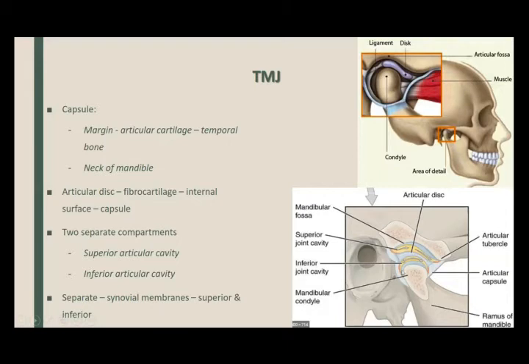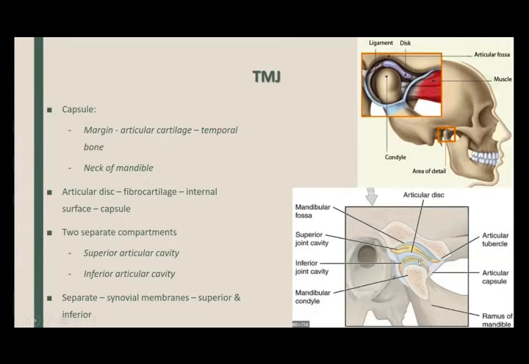अब ये head, ये उसकी articular cartilage. ठीक है? So you have another compartment above the articular cartilage of the mandibular condyle and the under surface of the articular disc.